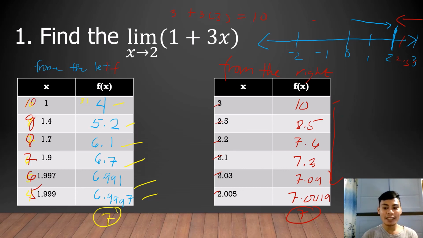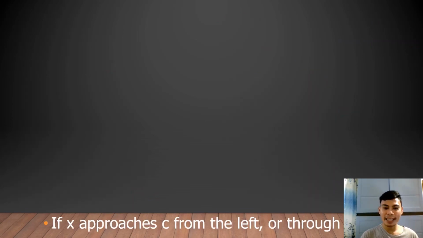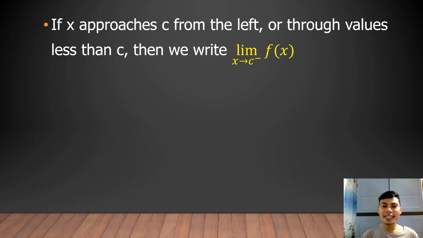Let's have the definition. Here, if x approaches c from the left or through values less than c, ito tong kaninang constant na si 2 that we're talking about, then we will write it as the limit of f of x as x approaches to the c from the left. This is how we read this, ha? Kahit yan lang muna sa first watch na to.